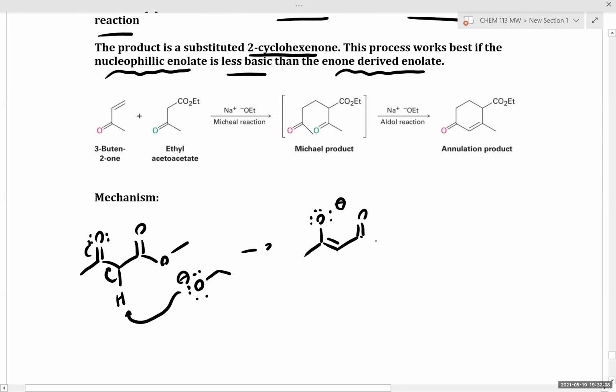This enolate, being a relatively strong nucleophile, can react with electrophiles such as methyl vinyl ketone to generate our conjugate addition product.